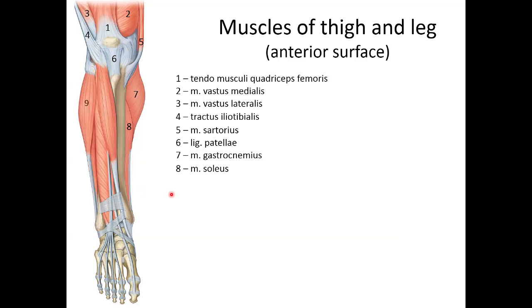And then number nine, musculus peroneus or fibularis longus. We can find that its tendon passes posterior to the lateral malleolus. And number 10 with this arrow, it's musculus peroneus or fibularis brevis.